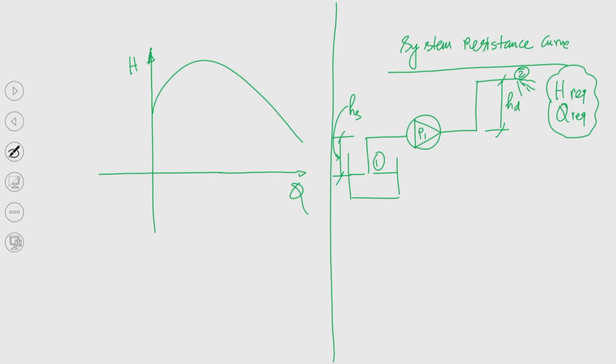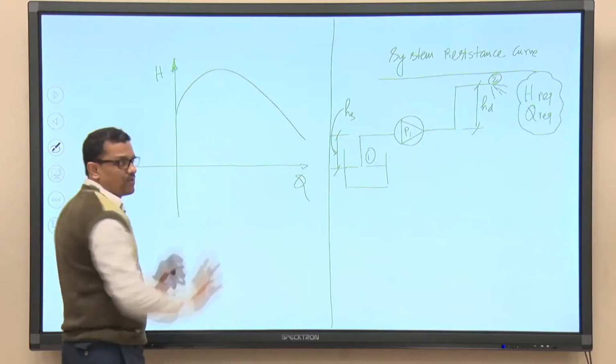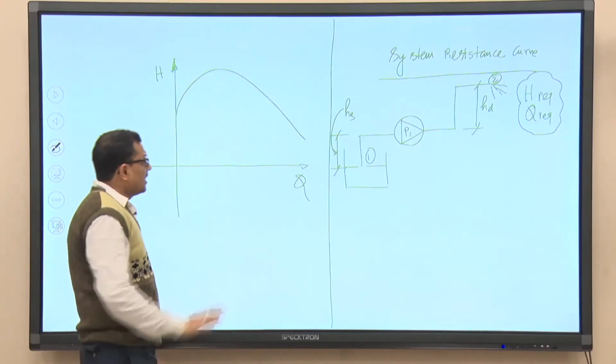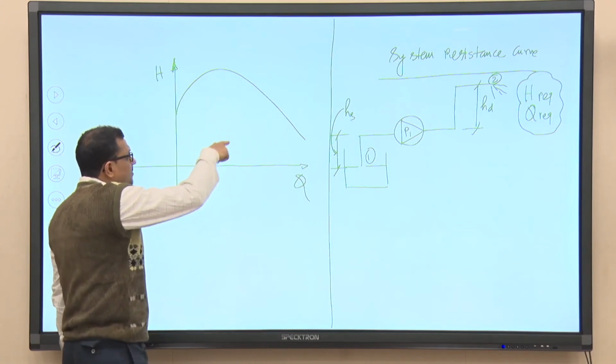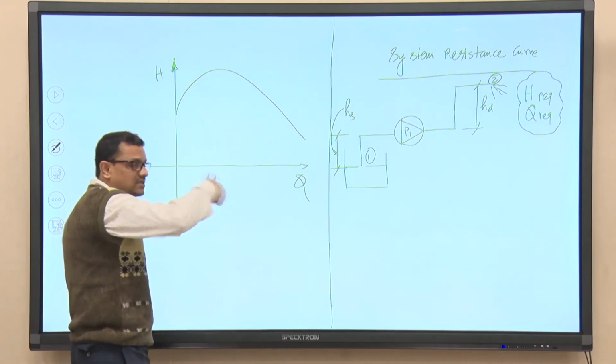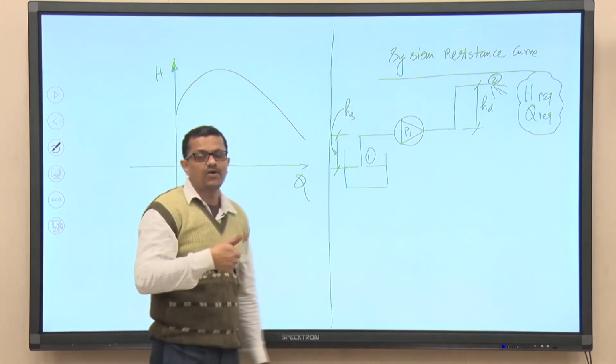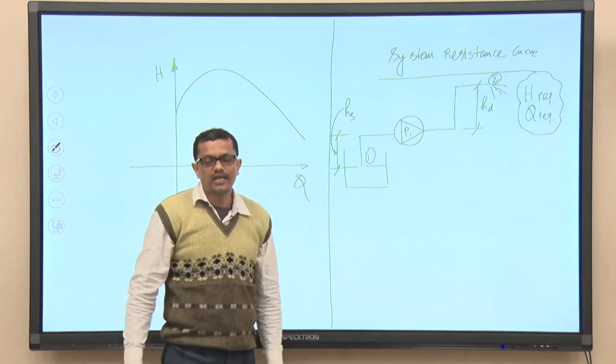So, at this point we need a discharge and head, that is shown here, that is the requirement. So, what will be the pump operating characteristics? You can see this is the pump's own characteristic, and on this curve, if we superimpose the system resistance curve, then from there we will obtain the operating point.